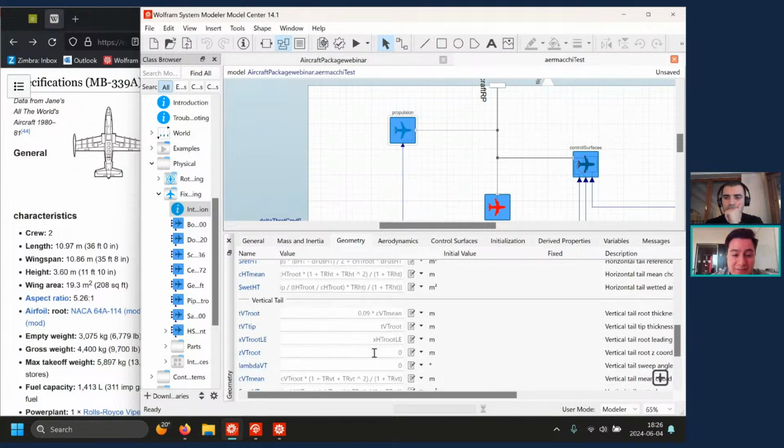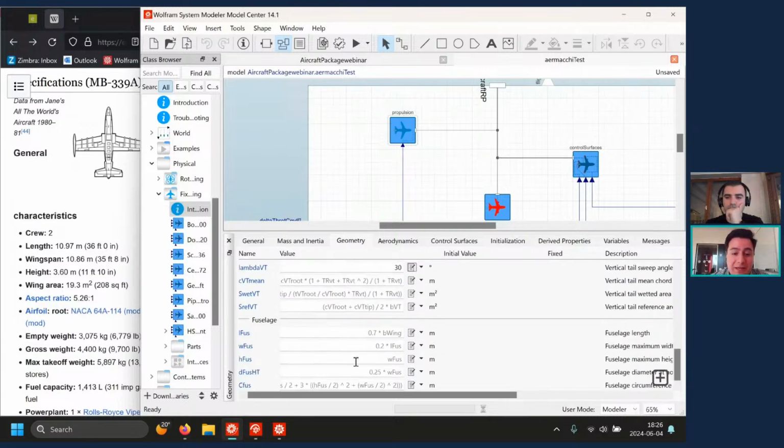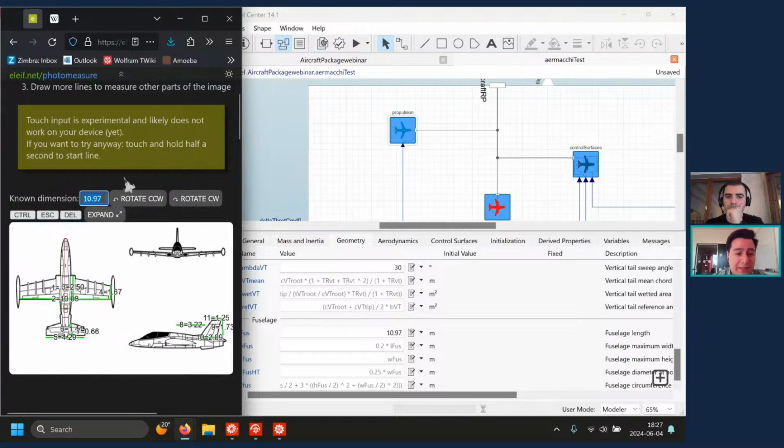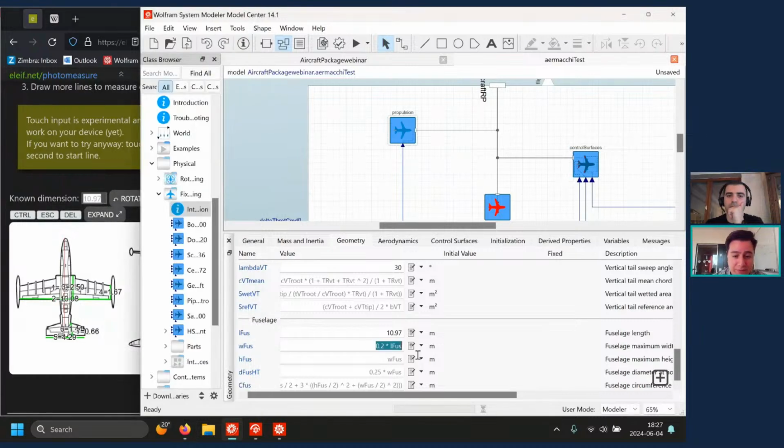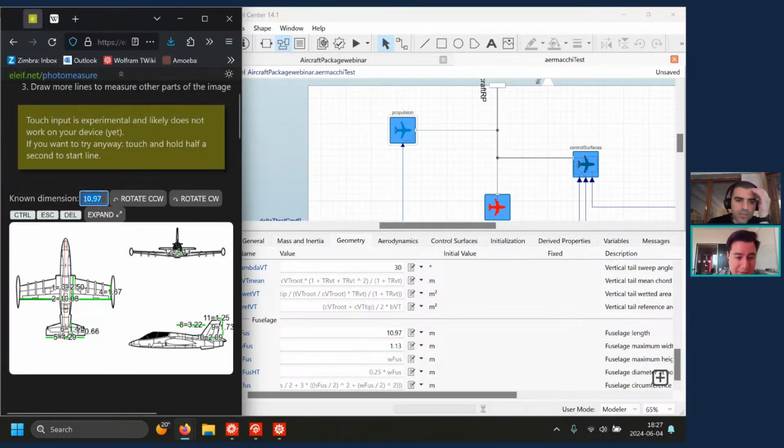This is a very important parameter, so if we have it, we might as well just use it. For the vertical tail, let's also use the lambda at 30 degrees. And we have more information about the fuselage, so let's just use it. The 10.97 that we were discussing. The width, we can get it from, again, our little web page, 1.13. And the height, we can also leave it at 1.55.